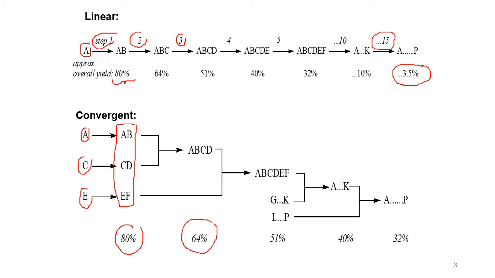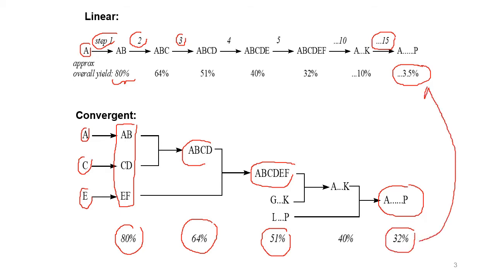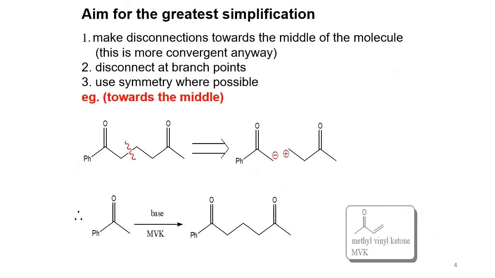Now you want to form ABCDEF, so you react ABCD with EF, and you get 51%, and then the last compound here is still around 32%, which is almost 10 times the yield you obtain from a linear synthesis.